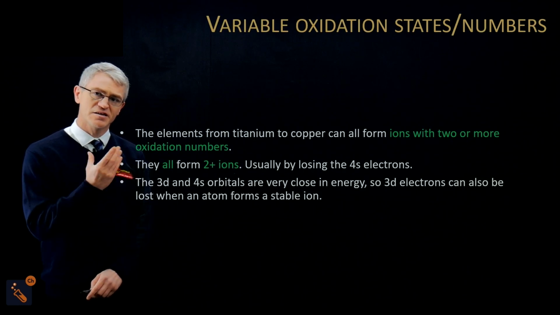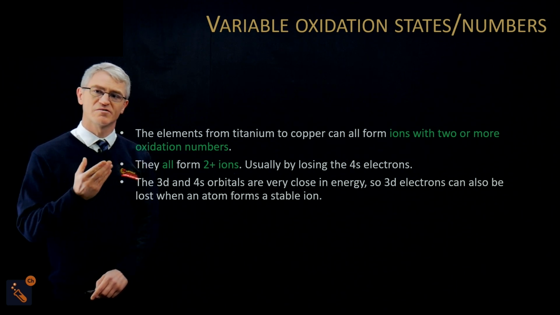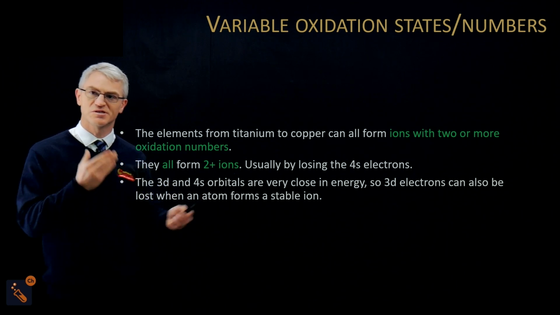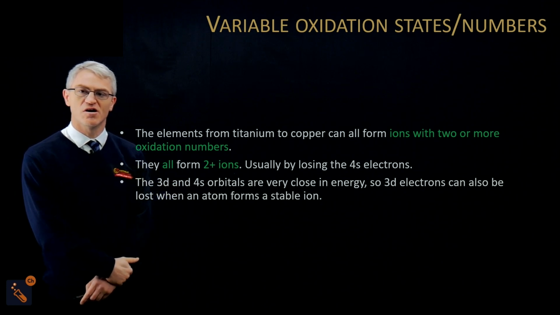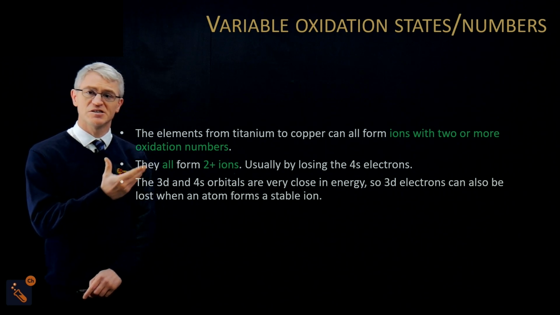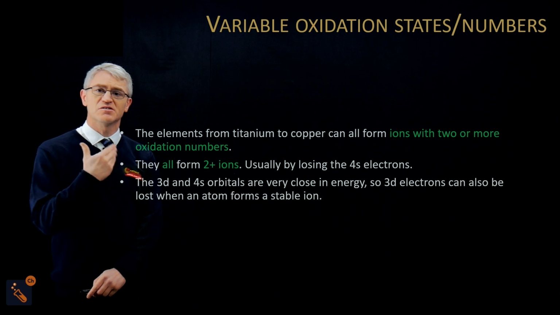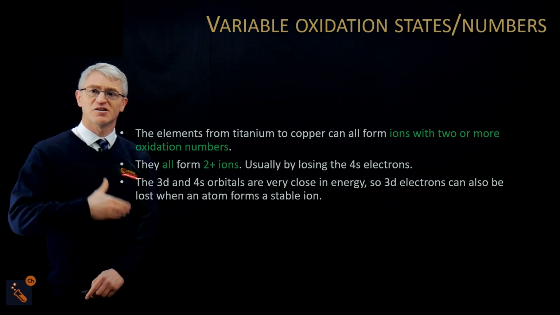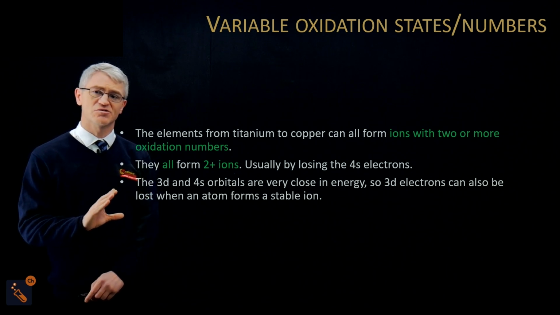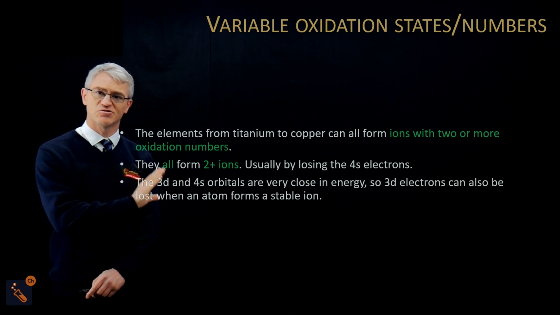Now, the thing about transition elements is that they usually have variable oxidation states, or sometimes referred to as oxidation numbers. So we can call them states or numbers depending on what you read. They all tend to form 2+ ions, and they lose those 4s electrons. As soon as you've lost those 4s electrons, you will lose the 3d electrons next.